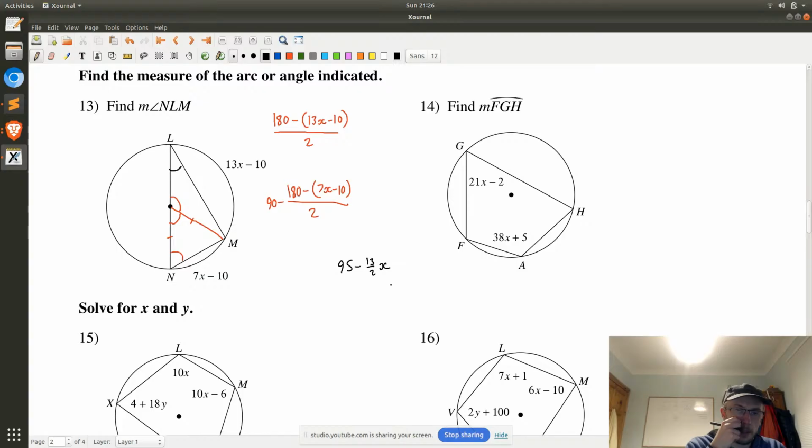And then on the bottom, 180 plus 10 is 190, divided by 2, 95. 90 take 95 is minus 5. Plus 7x would have to equal that. So 100 on the right. And then 13.5 on the left. Or 27 over 2.